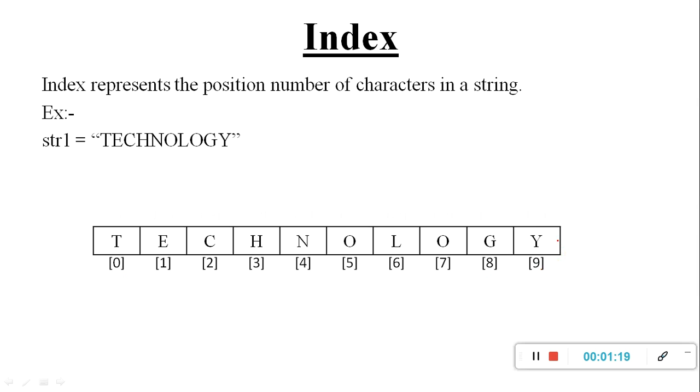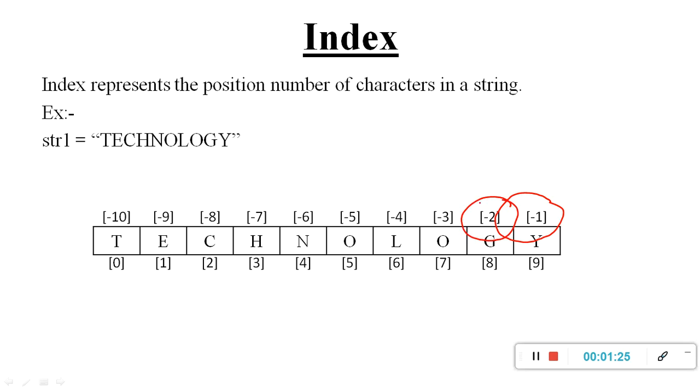Okay, now let's see what is written here. In reverse order also, this index can be taken as minus 1, minus 2, minus 3, minus 4, minus 5, minus 6, in this way. So in reverse order, where the character ends, it starts from always minus 1 and it will keep going on.